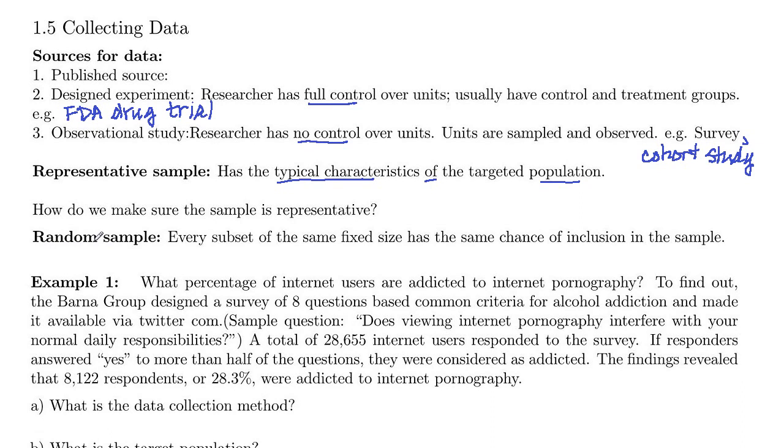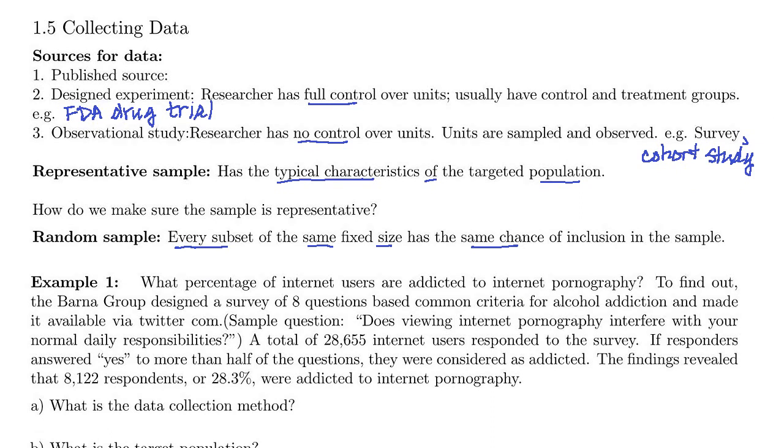Randomness usually will give us, if the sample size is large enough, a representative sample. And randomness means that every subset of the same size has the same chance of inclusion in that sample, or equivalently, every member of the population has the same chance of getting in the sample.